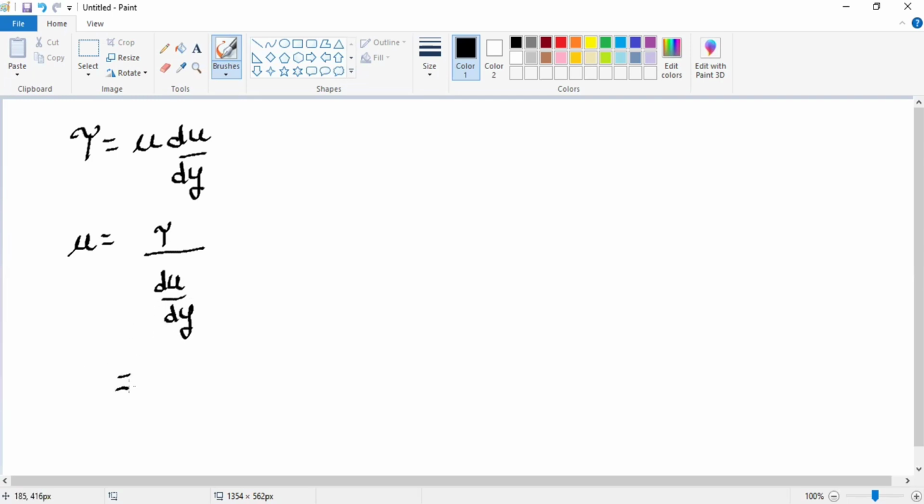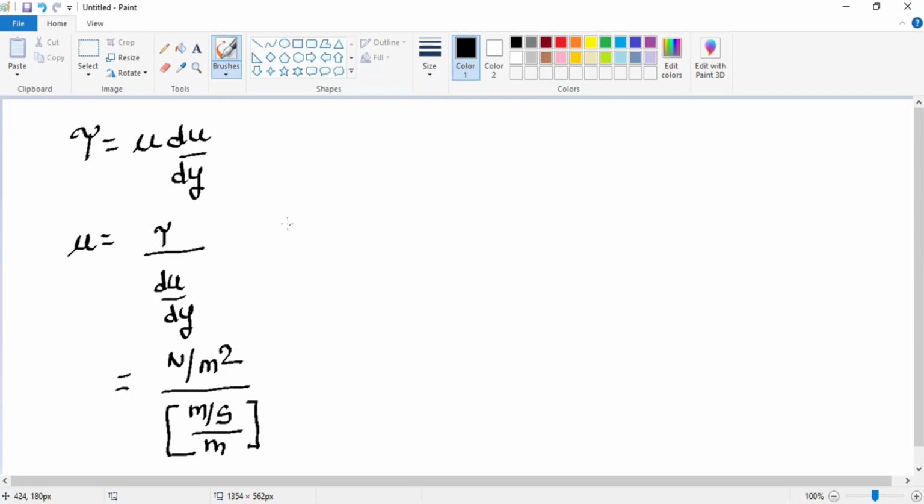What are the units of tau? Tau means shear stress. Shear stress has the units of Newton per meter square. Whereas du by dy, du means velocity, which has the units of meter per second, and dy is the distance.